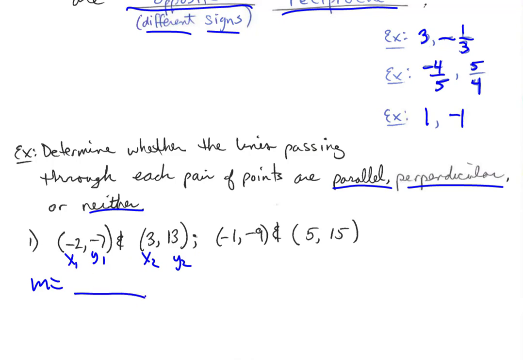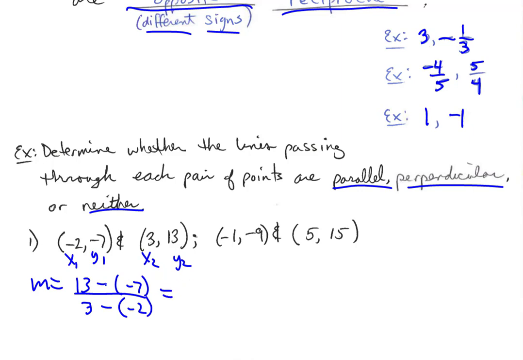So in the numerator of the slope, we have y2, which is 13, minus y1, which is negative 7. Be careful to put that in parentheses there to catch the double negative. So we have 13 minus negative 7. That's y2 minus y1. Down below, we have x2 minus x1, which would become 3 minus negative 2. Again, watch the double negatives there.